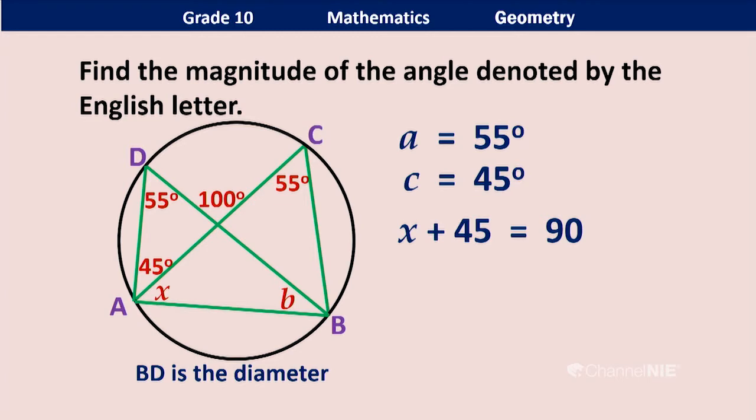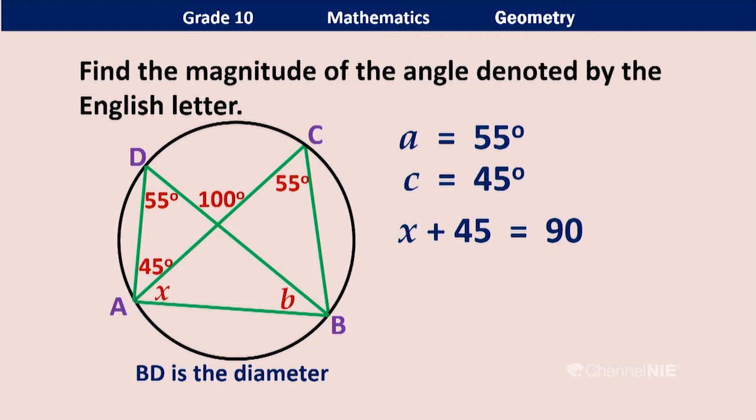Previously we have learned that the magnitude of the angle in a semicircle is 90 degrees. Therefore, the magnitude of the angle DAB should be equal to 90 degrees. The angle DAB consists of two parts, 45 degrees and X. So, we can say X plus 45 is equal to 90 degrees.